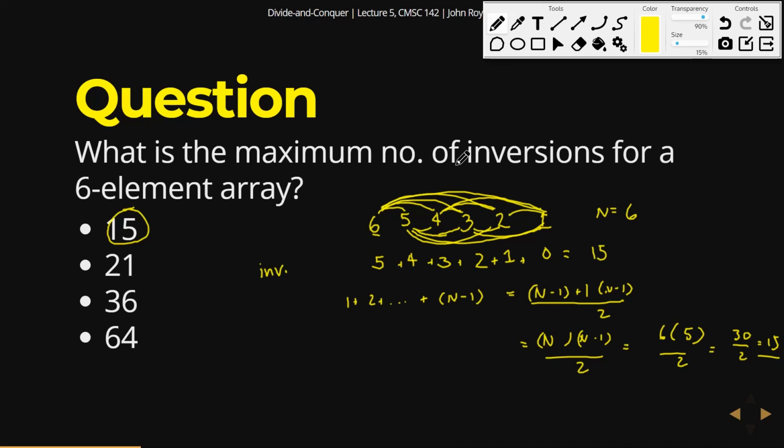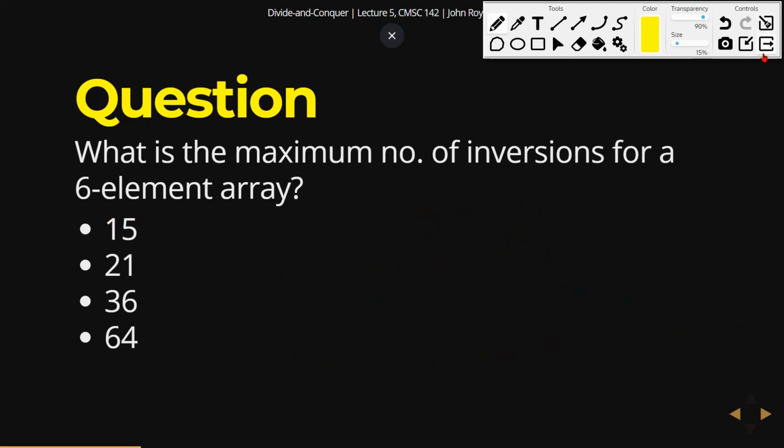So that's how we got it. But you'll notice that the equation is n times n minus 1 all over 2, which is n squared minus n all over 2. So this is still in O of n squared. Okay, so if you just go through all possible pairs in a brute force manner and count inversions, you could finish in O of n squared, which is not what we want.